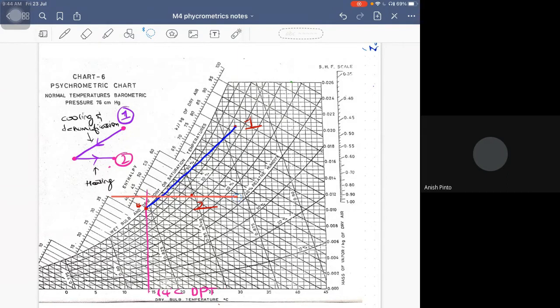Drawn a horizontal line? Done, guys? Yes, sir.